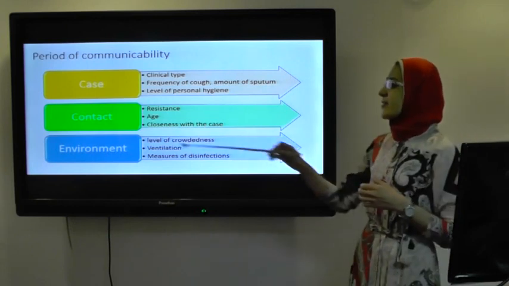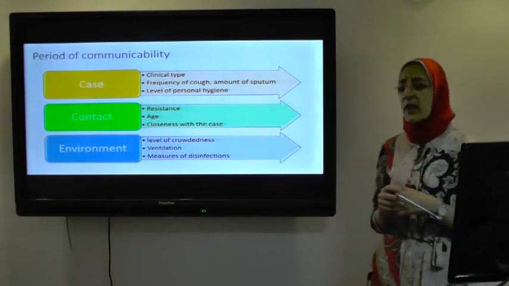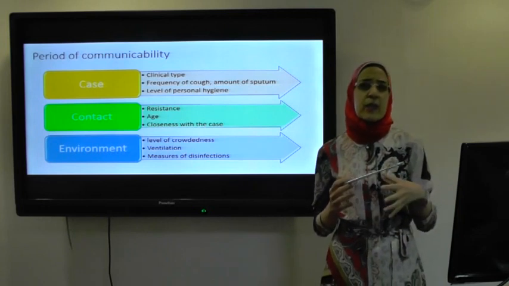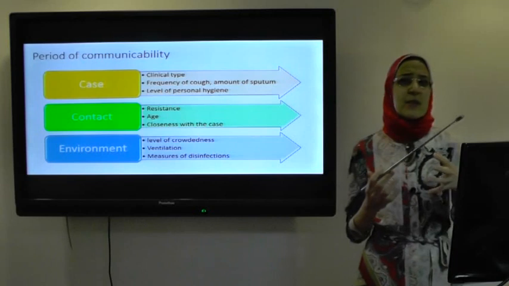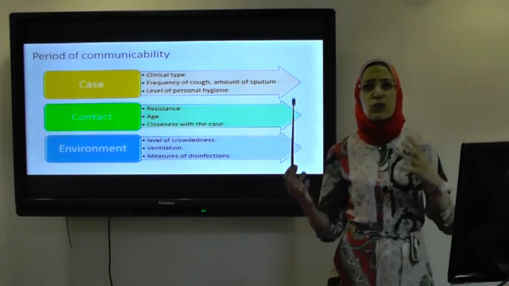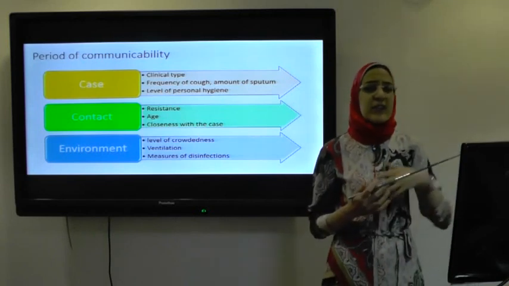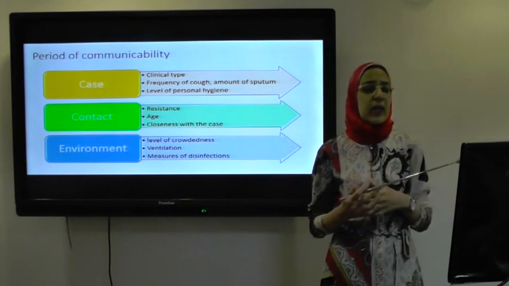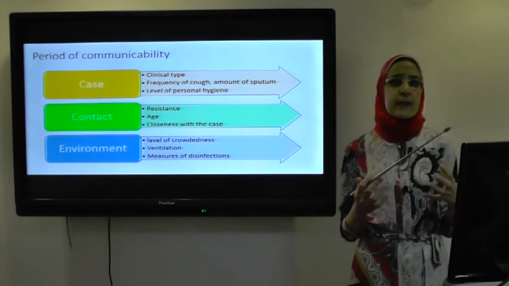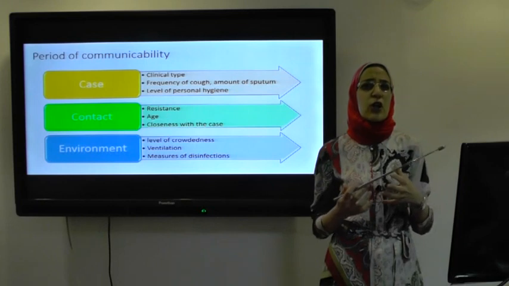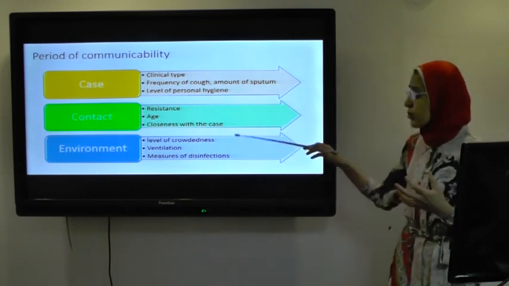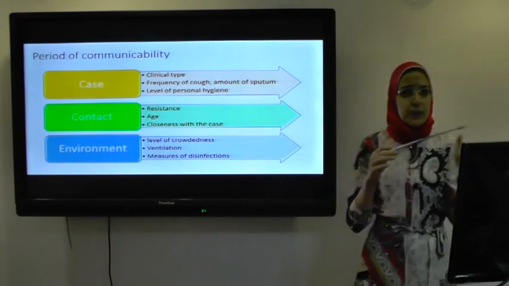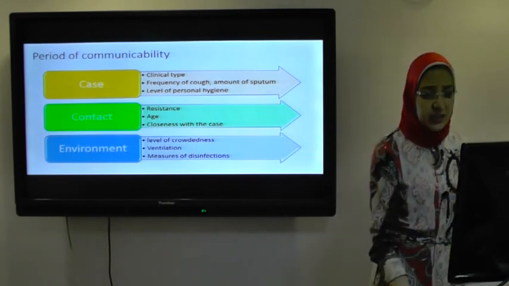And characteristics related to the environment, for example, the crowding index, the housing condition, to what extent there is proper ventilation, whether natural or artificial, direct sunlight exposure, and to what extent the measures of disinfection are properly implemented in the environment. All these factors affect the period of communicability of the disease.